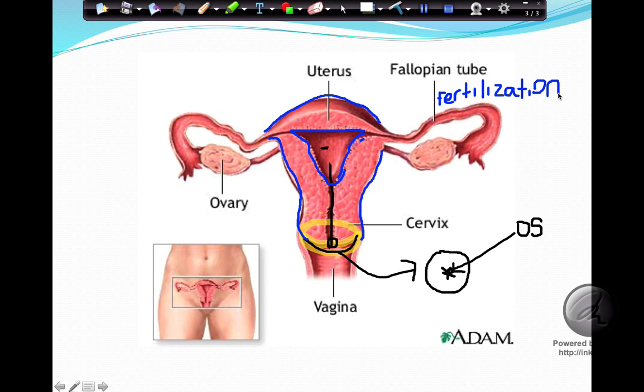That is the worst O in history. But this is where the fireworks happen. This is fertilization. The egg is released from the ovary about once a month, and it travels down the fallopian tube on her tract. And then if Seymour, the sperm, is there, that's when it happens.